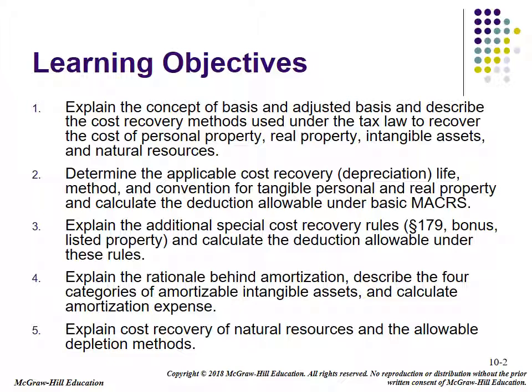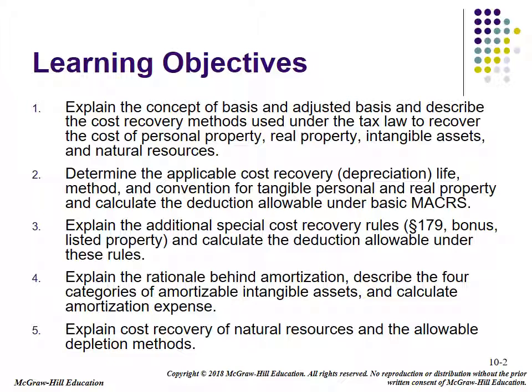Determine the applicable cost recovery or depreciation life, method, and convention for tangible personal and real property, and calculate the deduction allowed under the basic system called MACRS. Explain the additional special cost recovery of 179, bonus, listed property and calculate the deduction allowable under these rules.